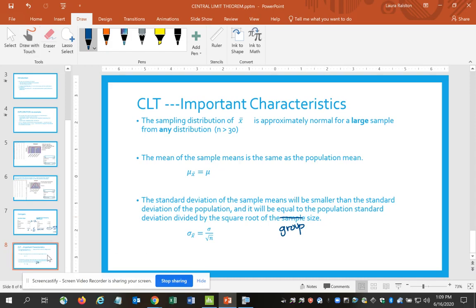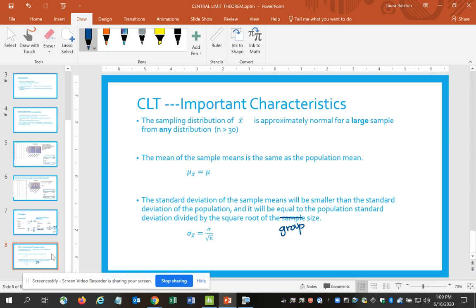And so those are the 3 important characteristics that you want to get from the central limit theorem, and realize that they're being applied behind the scenes when you're looking at a group instead of an individual. When you apply it to a group rather than an individual, you'll have these 3 important characteristics of the central limit theorem.